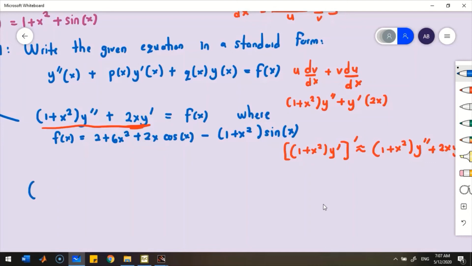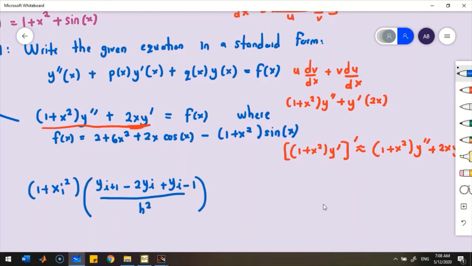I will have (1 plus x_i squared). Okay, what is y double prime? My y double prime, the central difference formula, is (y_{i+1} minus 2y_i plus y_{i-1}) divided by h squared. I really hope I'm not going to make any mistake, but if I realize there's a mistake, I'll correct it immediately.